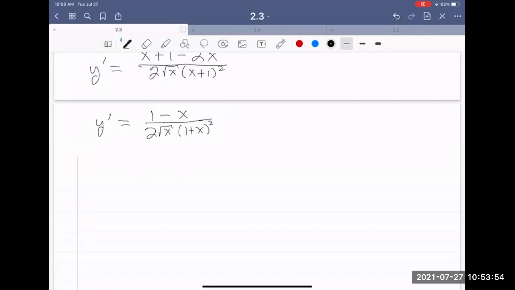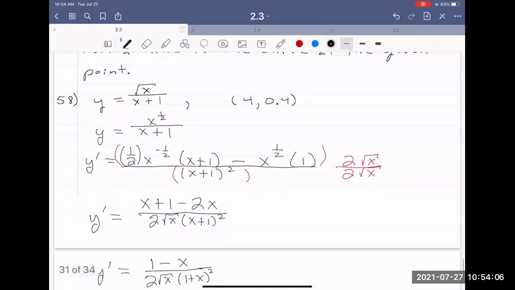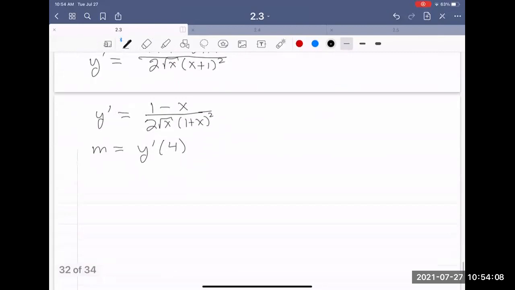Good. Now we want to find the slope of the tangent line when x is 4. So let's plug in 4.